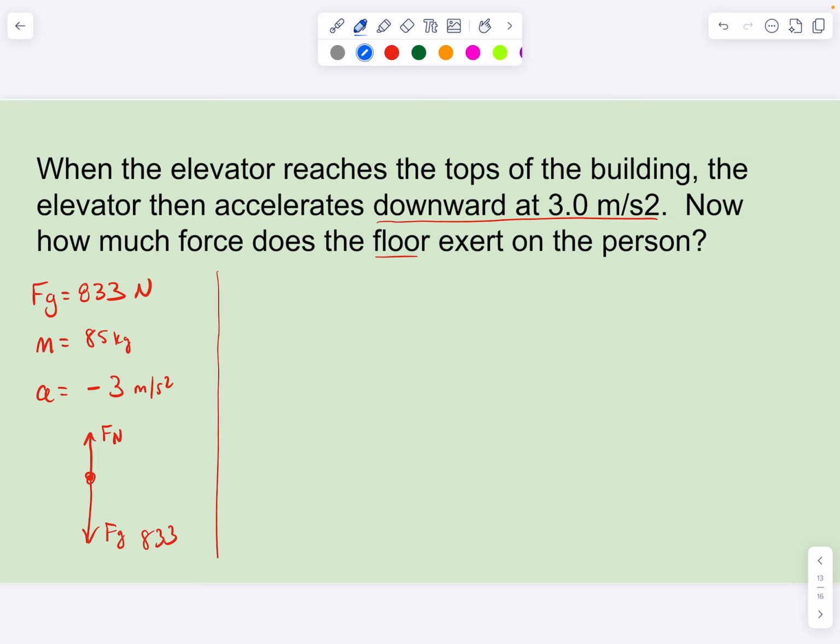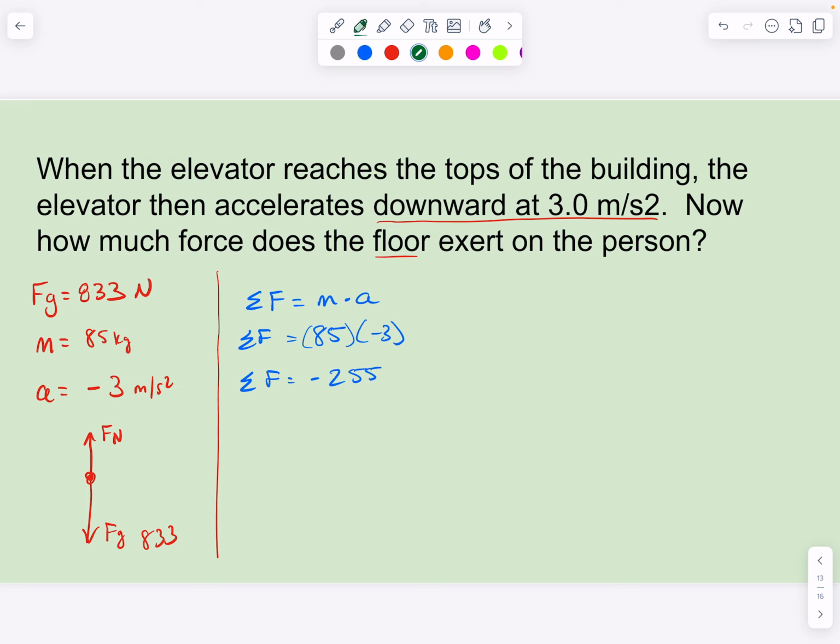Once again, let's start with our sigma F, our net force, is equal to the mass of the object times the acceleration. So we're going to say 85 times a negative 3 equals our sigma F. And 85 times a negative 3 is equal to negative 255.